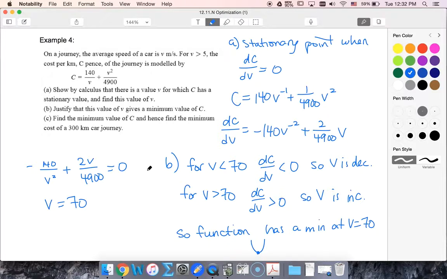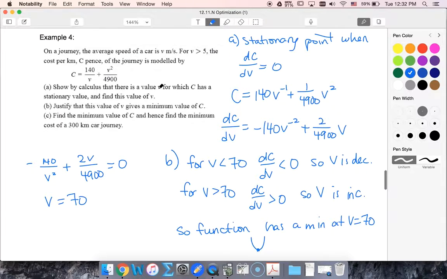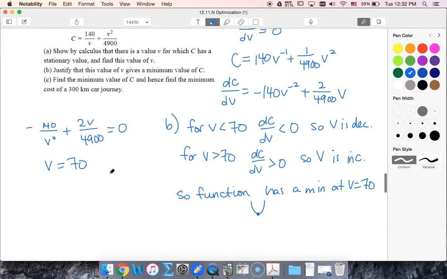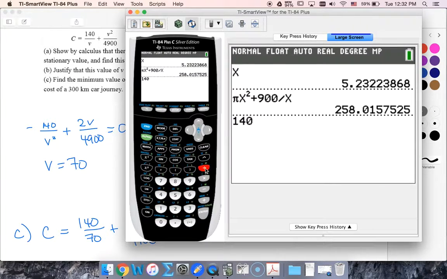Find the minimum value of C. So I found the V value, so that's 70 meters per second. So my cost then is going to be 140 over 70 plus 70 squared over 4,900.